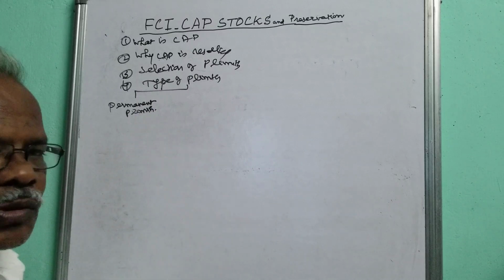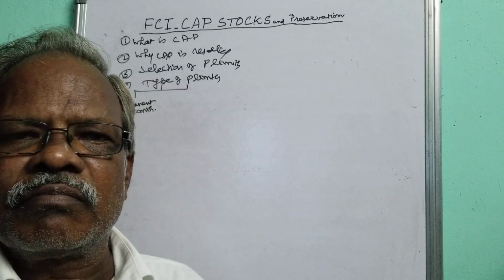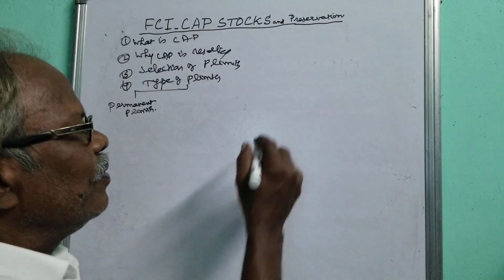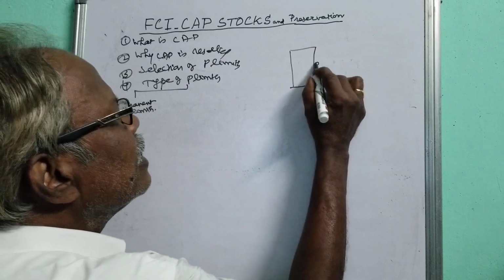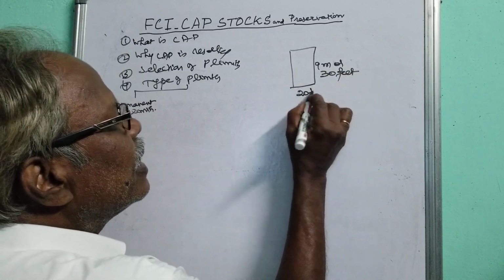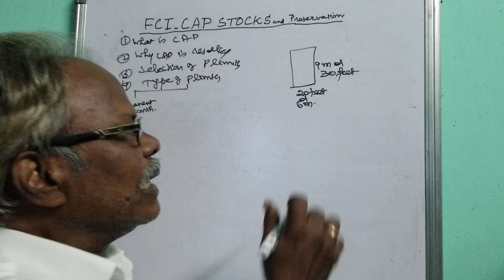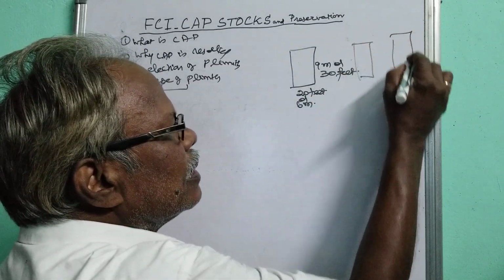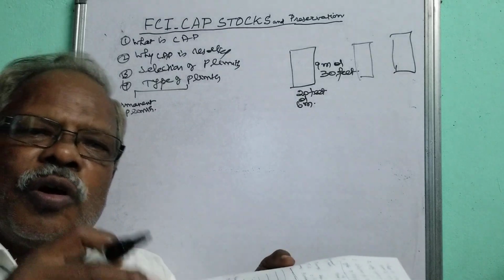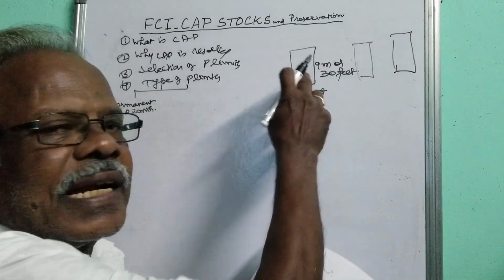In some of the very big godowns, wherever there is space on elevated ground, permanent plinths are constructed with a size of 9 meters or 30 feet length and 20 feet or 6 meters breadth. An elevated structure is formed over the earth with concrete that can withstand even 200 metric tons.